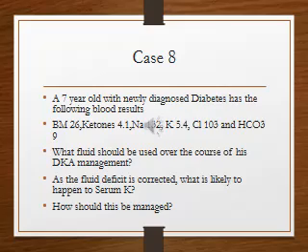Ketones are 4.1, again in the DKA range. Sodium is 132, slightly low. Potassium is 5.4, slightly high. Bicarbonate is 9, so it does fit the criteria for DKA. You want to know the pH as well. What fluid should be used over the course of his DKA management?